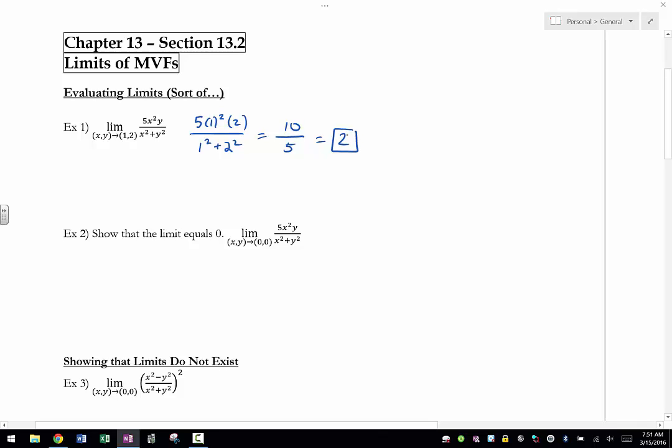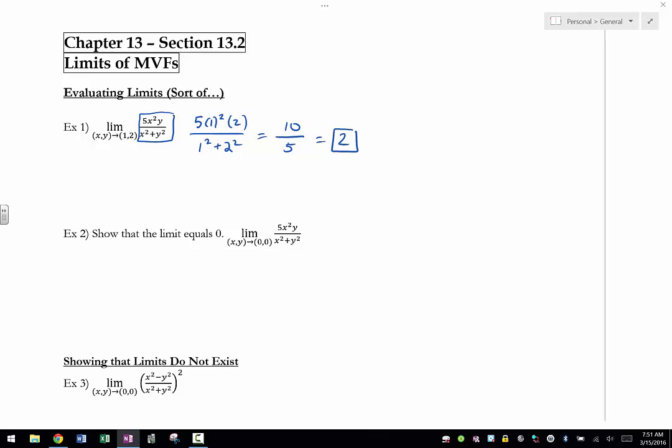Now I need to figure out, is this the actual answer for the limit, or did something happen I'm unaware of? Well, I'm going to think about this multivariable function. That multivariable function does not exist at the point (0, 0), but everywhere else, it doesn't have any problems. It doesn't have any vertical asymptotes other than at (0, 0), where something weird happens.